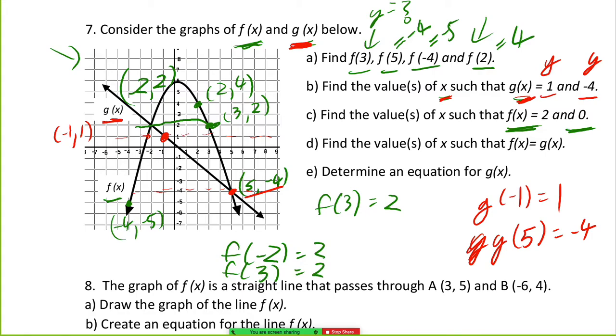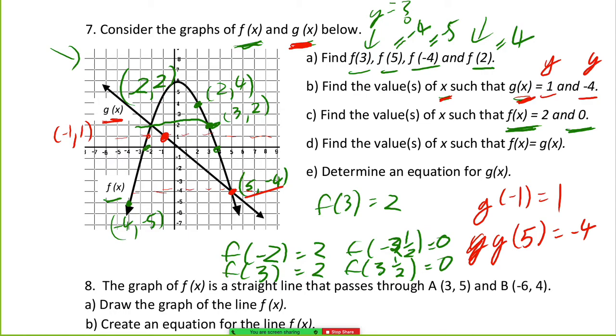Same for 0. We take a look at 0. Oh, these are not nice values. We'll just assume they're half values here, and we'll say f at negative 3.5, we'll write it as a mixed number here, is 0, and f at, actually that would have been negative 2.5, and this one looks like it may be 3.5. You can get a little more specific here, but that's the general idea, that there's two answers. That's what we're trying to look at.